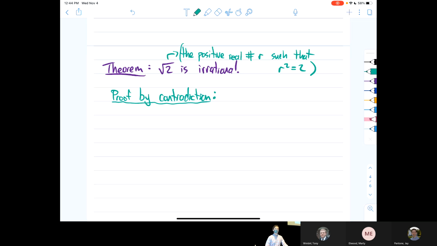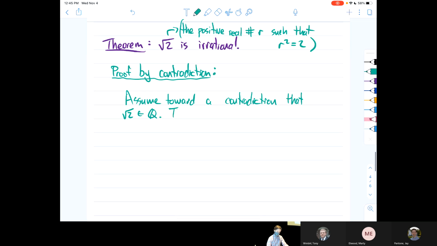So we're going to assume the opposite. We're going to assume square root of 2 is rational and try to find a problem. Assume toward a contradiction that the square root of 2 is rational.